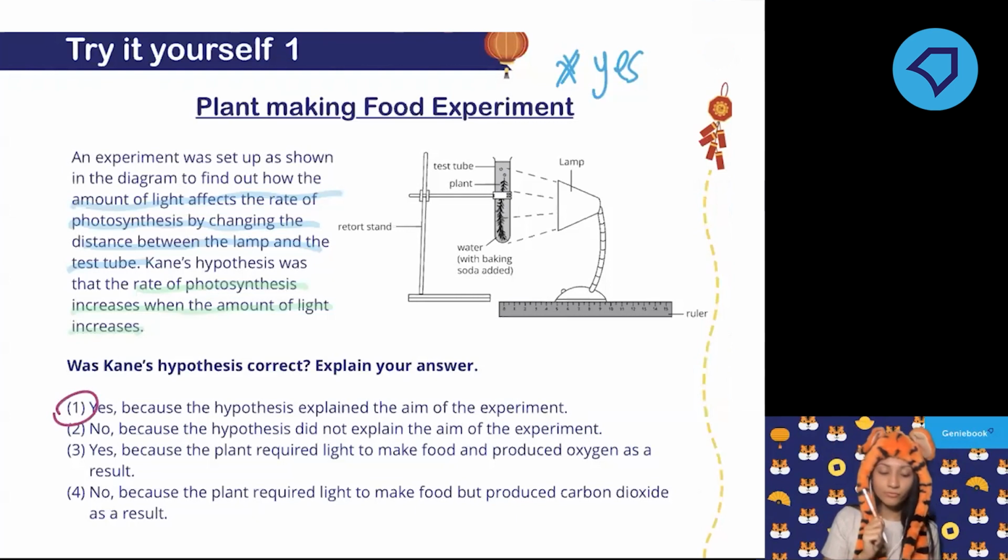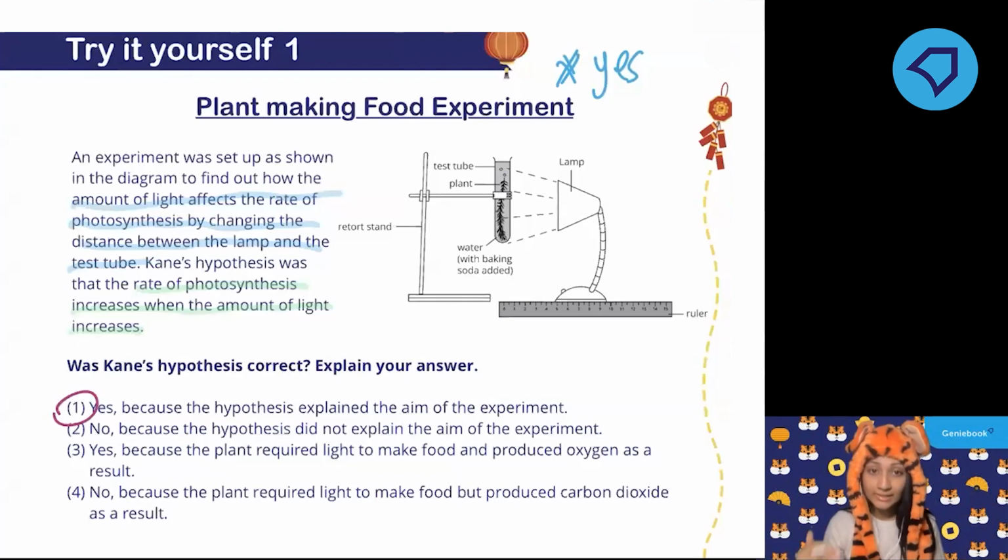However, quite a number of you wrote number 3. Why is it not number 3? Let's look at number 3. Because the plant requires light to make food and produce oxygen as a result. Even if you look at the statement separately, on its own, not related to this experiment, it is a correct statement.